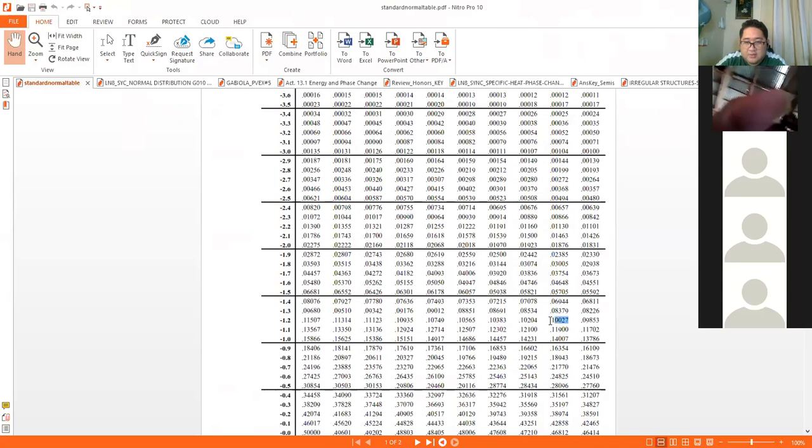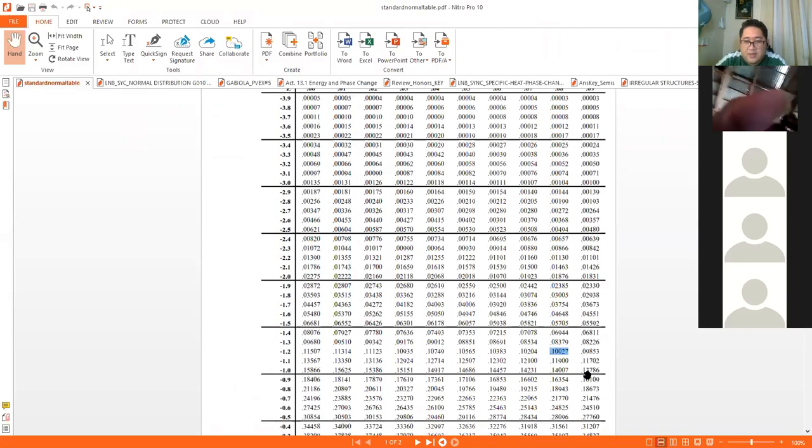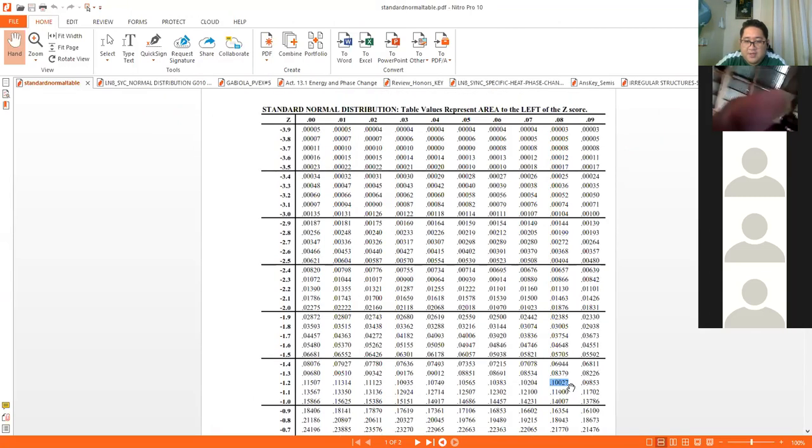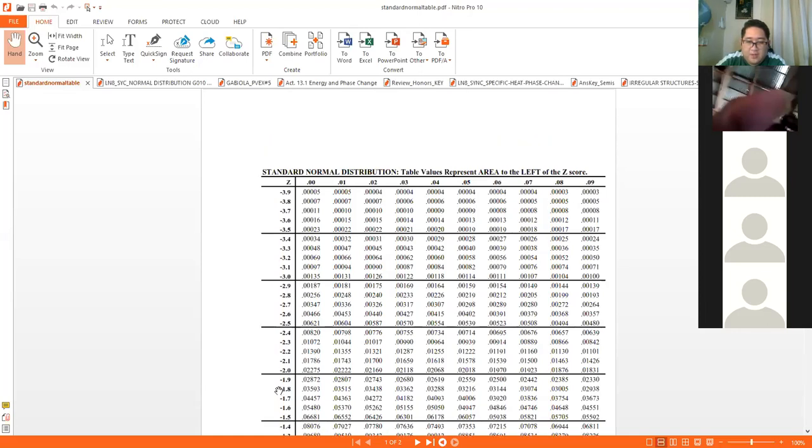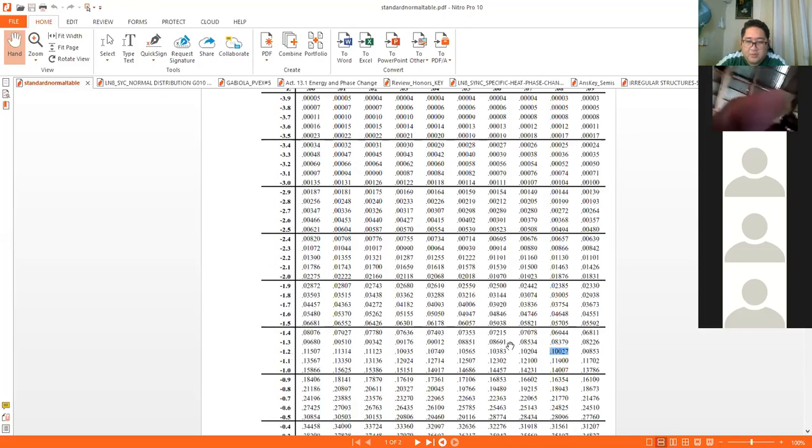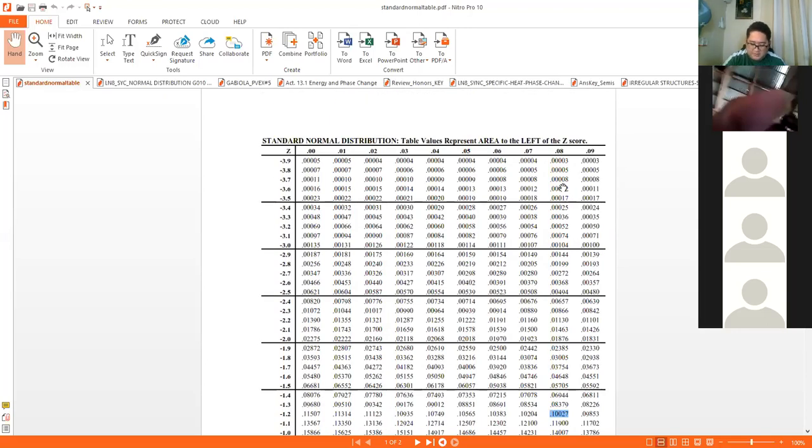So this, 0.10027, is the closest. So our value will be negative 1.28. So our z-score, let me just show it.